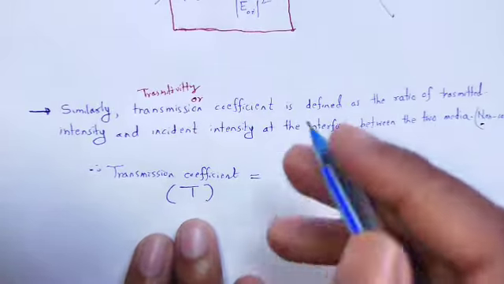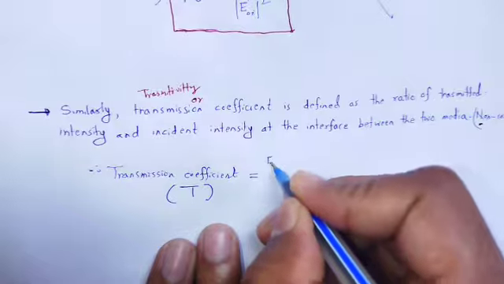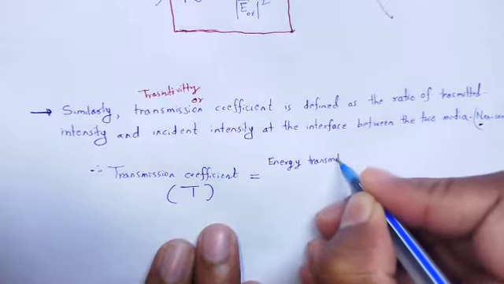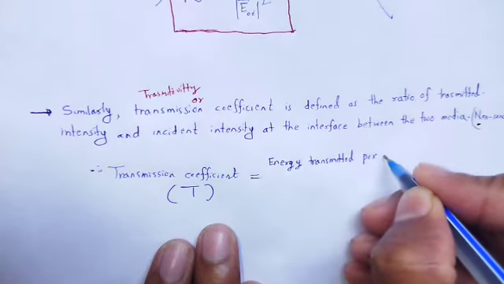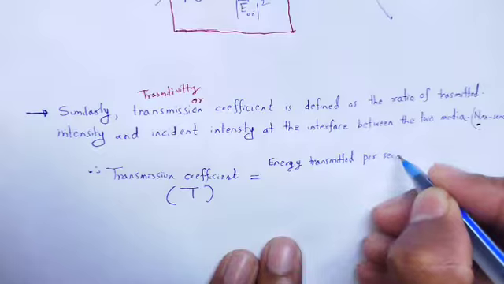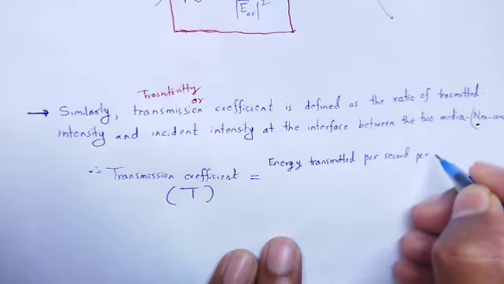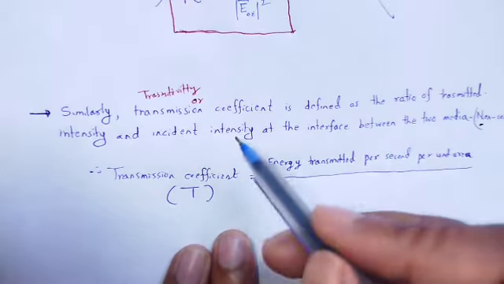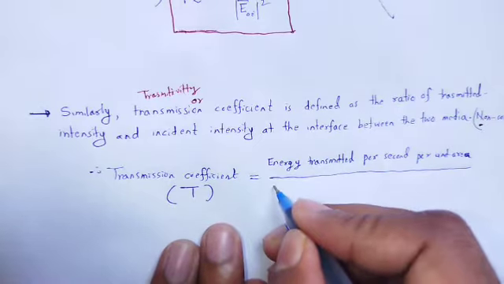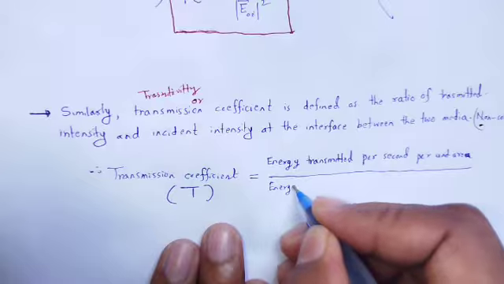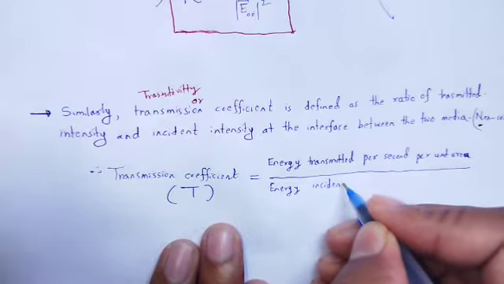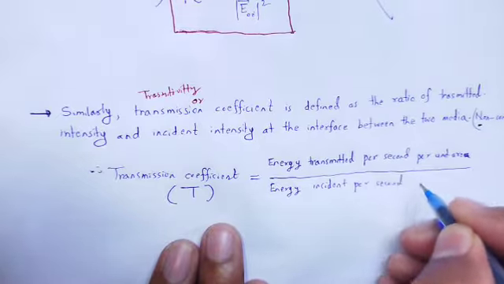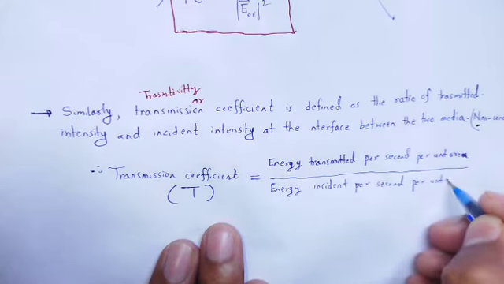So, for transmitted intensity we write energy transmitted per second per unit area, divided by, for incident intensity, the energy incident per second per unit area.